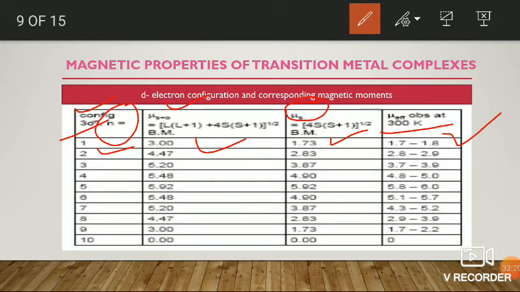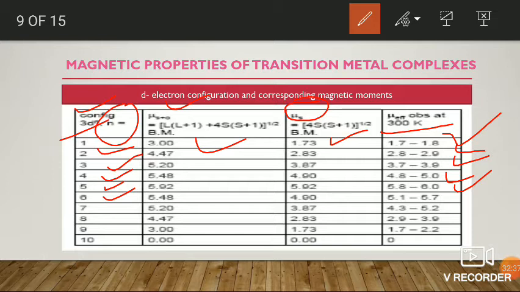For 2 electrons, it must be 2.8 to 2.9. 3 electrons, it must be 3.7 to 3.9. 4 electrons, 4.8 to 5. 5 electrons is 5.8 to 6.